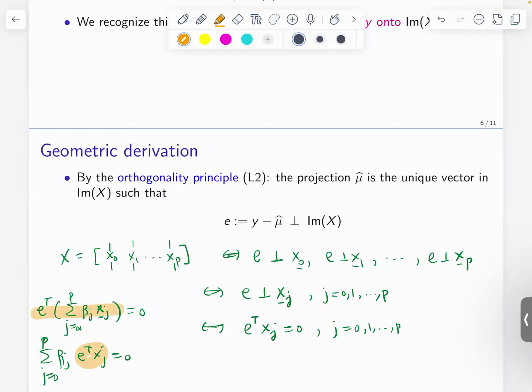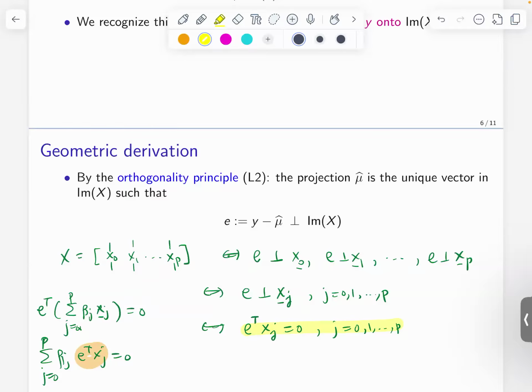If this holds for any beta, I take beta 0 equal to 1 and the rest equal to 0, and you get this one. And if I take beta 0 equal to 0, beta 1 equal to 1, and the rest 0, then you'd get this one. So there's a one-to-one correspondence between being orthogonal to a general linear combination of a bunch of vectors and being orthogonal to each individual vector. Okay, so that's the little argument there.